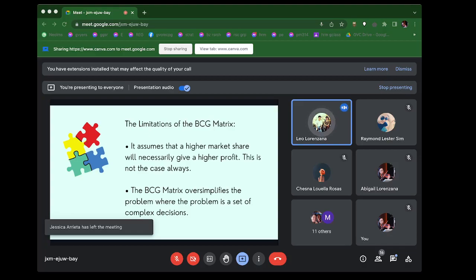Okay. So, second, the BCG matrix oversimplifies the problem where the problem is a set of complex decisions. Not all problems are simple. There are many problems that are complex and must consider a lot of aspects.